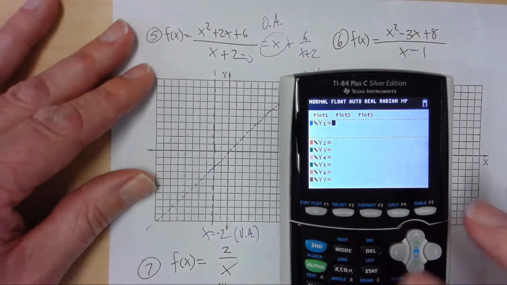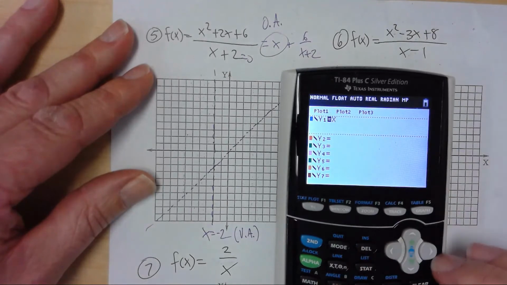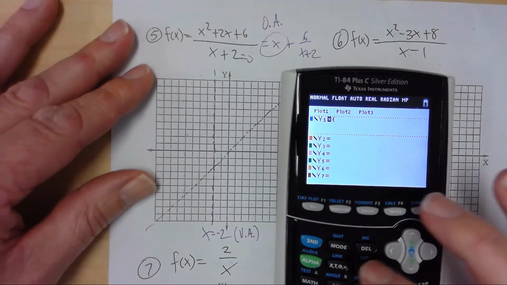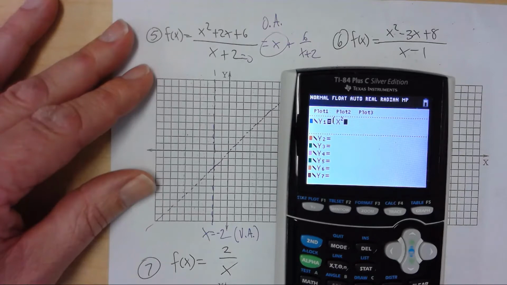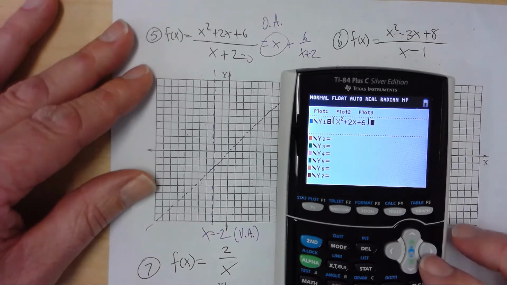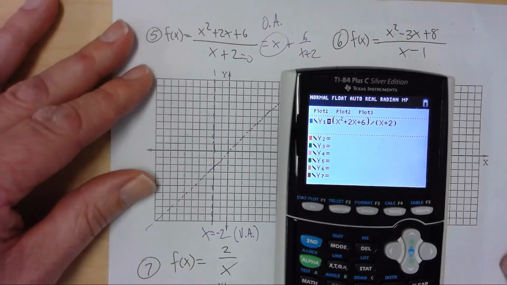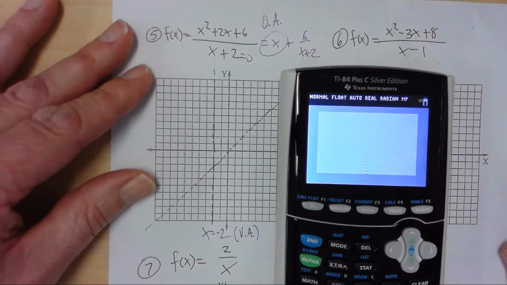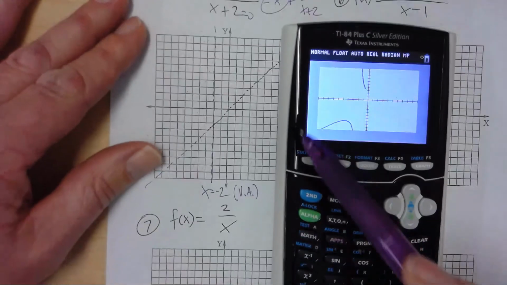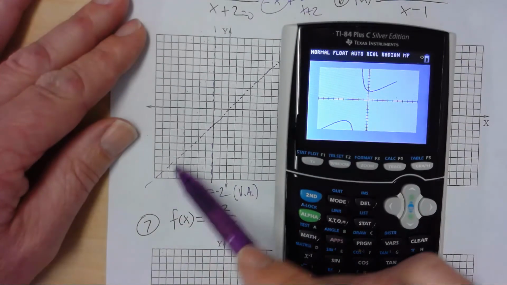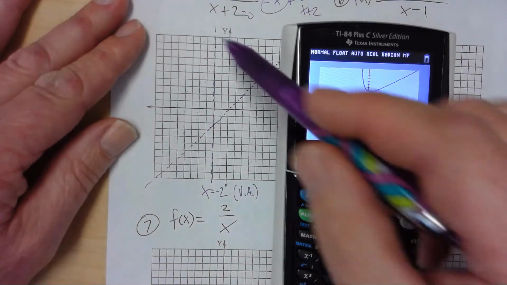Well, let's see what it is. So we go here, and we do x, parentheses first, of course, x squared plus 2x plus 6, close the parentheses, divided by, parentheses, x plus 2. Agree? Yes, that's right. Now graph. So we're going to get this shape right in here, and then we get the other shape over here.